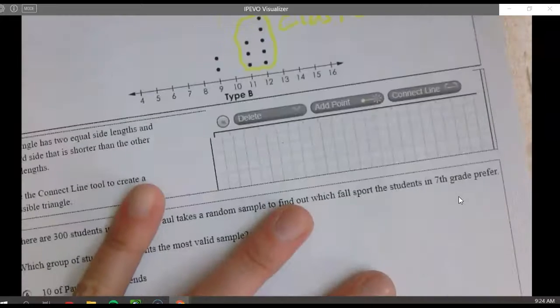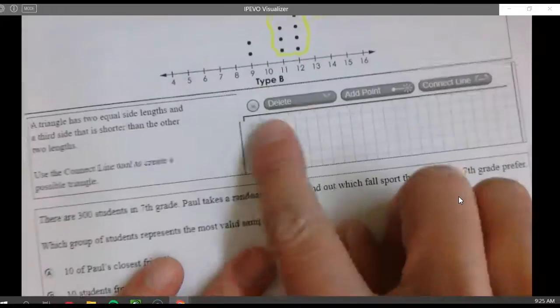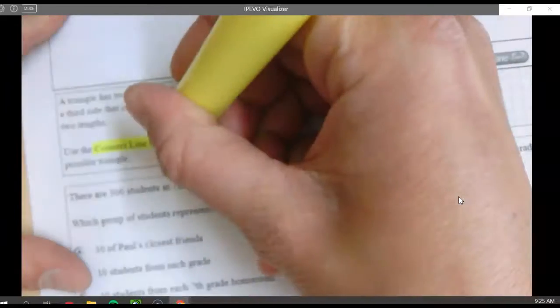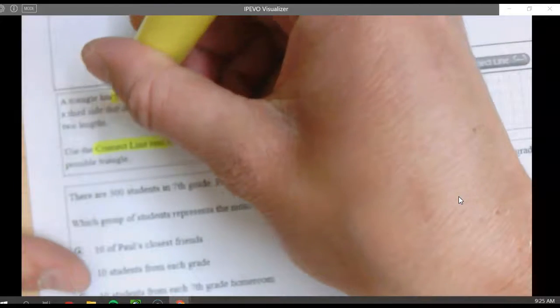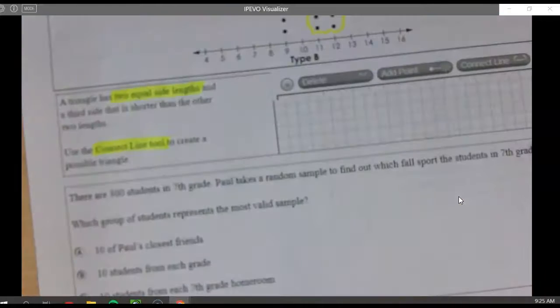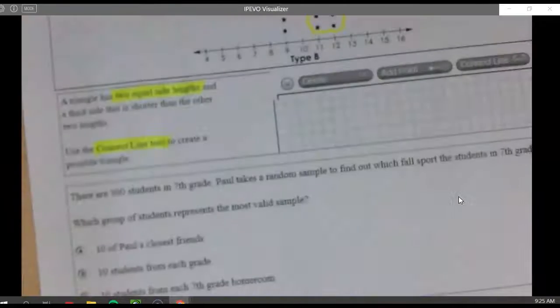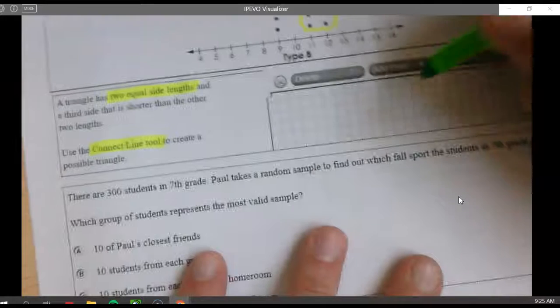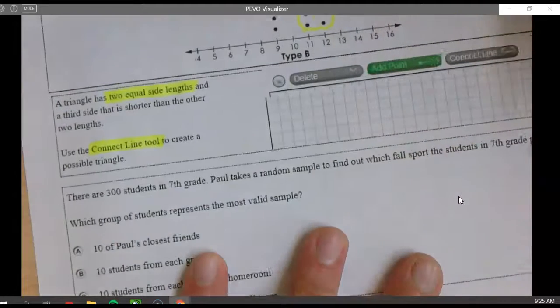How could you make this problem easier? Using this connect line tool, we have to make 2 equal side lengths of a triangle. What would make this easier? Because, guys, you can add points wherever you want and then connect the line.